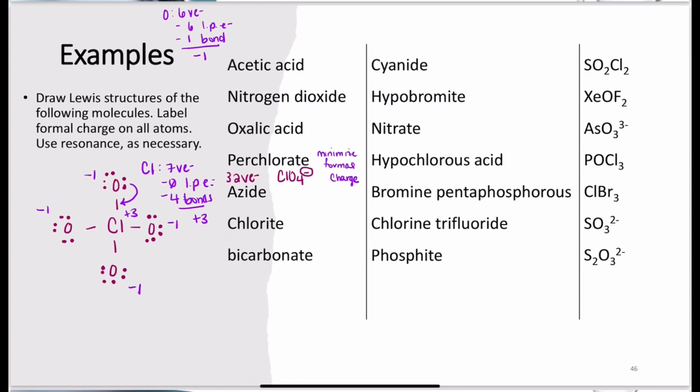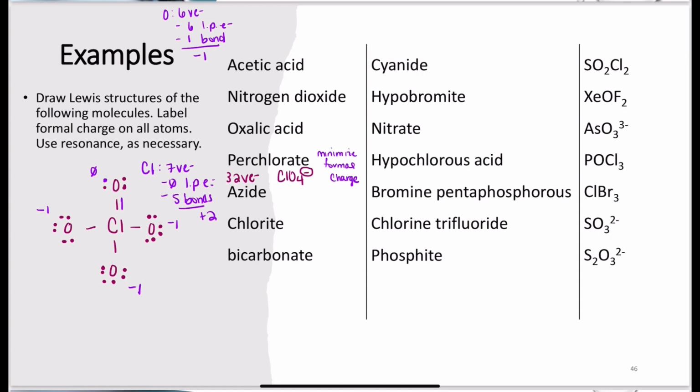Well, how would that change my structure? Well, it would get rid of a lone pair here. Got a double bond here now. This oxygen now has a 0 formal charge. The chlorine now has 1, 2, 3, 4, 5 bonds, and an overall +2 charge.